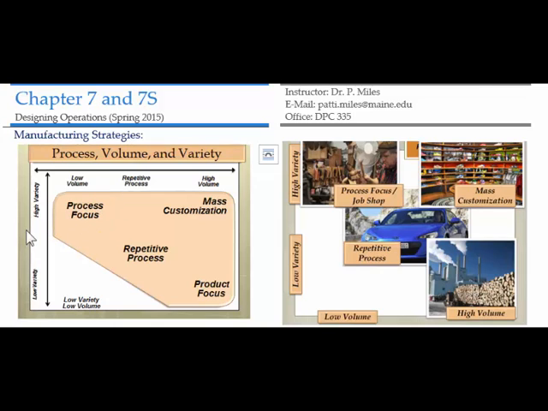but what we trade off in cost we get from the variety. At the other end of the spectrum is down here, this product focus, and people often confuse these two, but the thing with a product focus is we've got the high volume and the low variety. Things that are made in a product focus are things like paper. Notice my picture here of a nice paper mill in Maine.